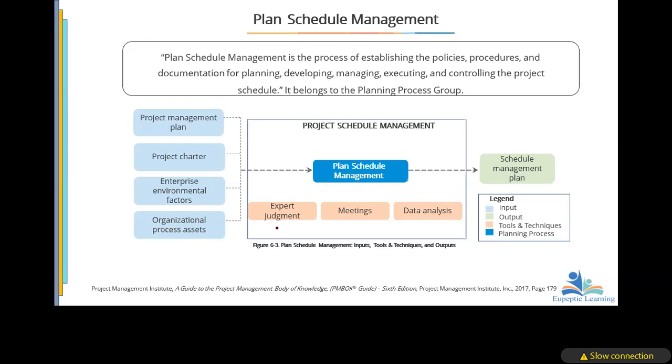You need expert judgment. Whenever you are developing or planning a schedule, you are the project manager, but you need the expertise of those who are actually going to do the work to help you plan it.